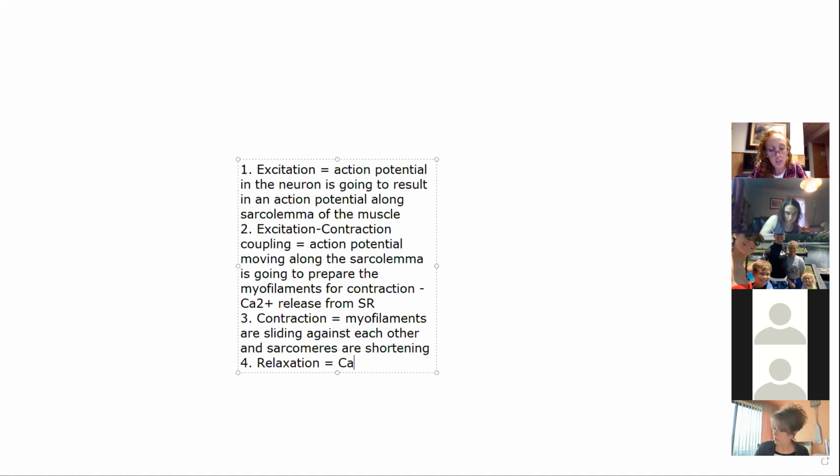Calcium is going to get pumped back into the sarcoplasmic reticulum, to the SR, allowing the muscle to relax. Those are the 4 steps.